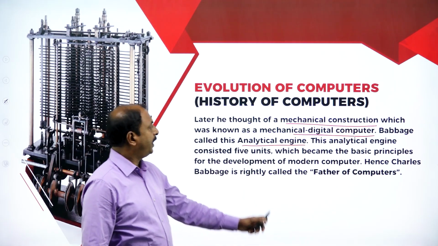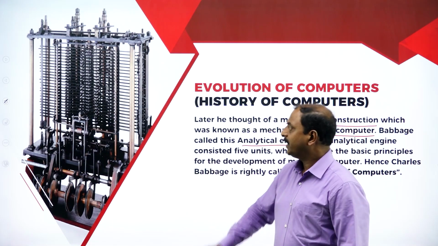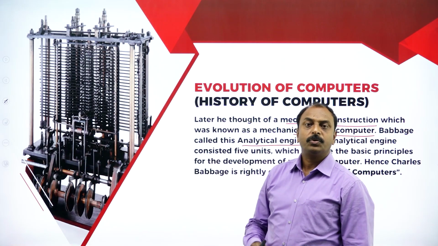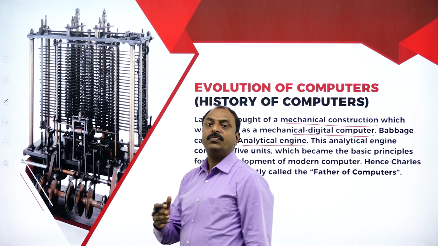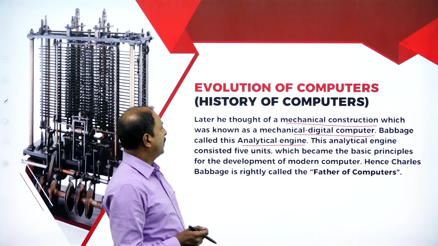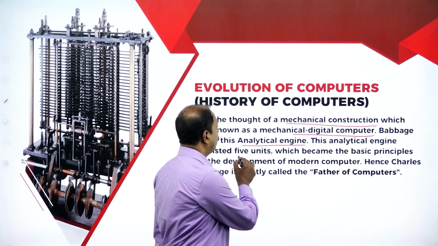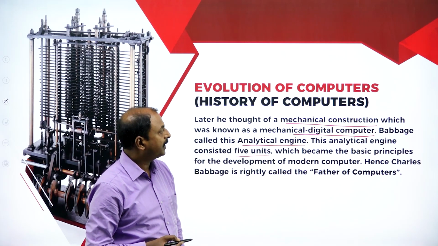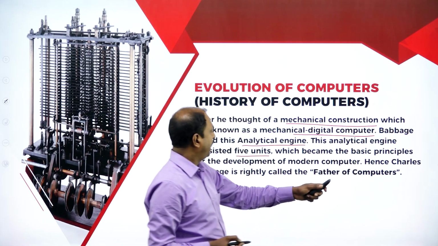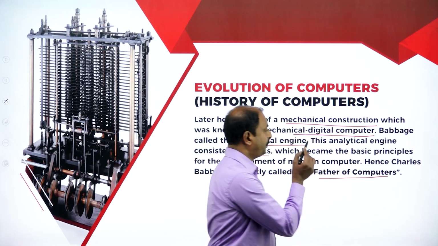Actually, he wanted an automatic calculation machine with different parts for different operations. For example, this analytical engine consists of 5 units, which became the basic principle for the development of modern computers. Hence, Charles Babbage is rightly called the father of computers.